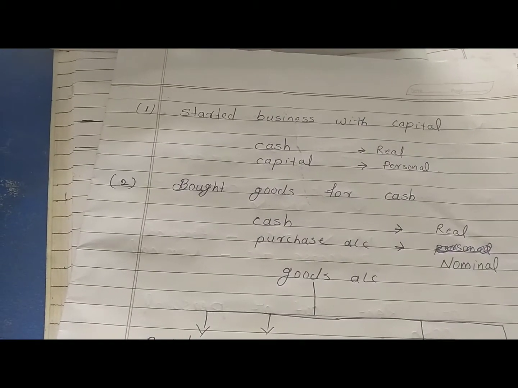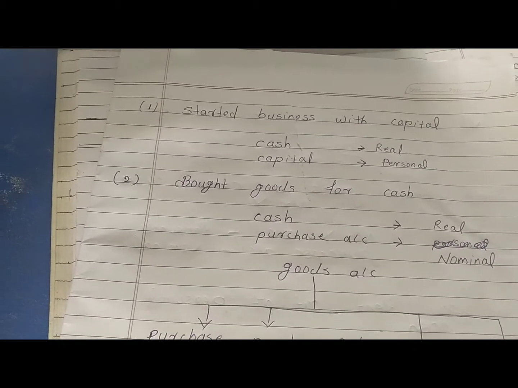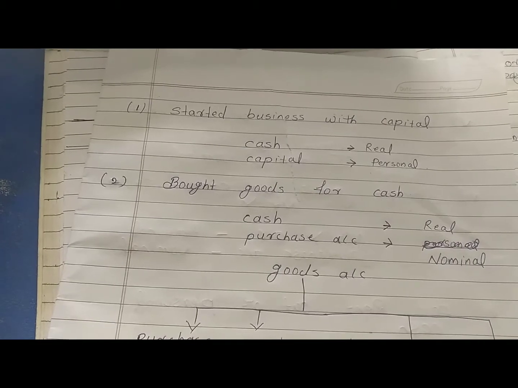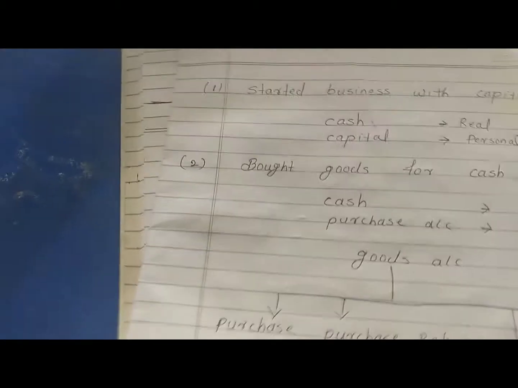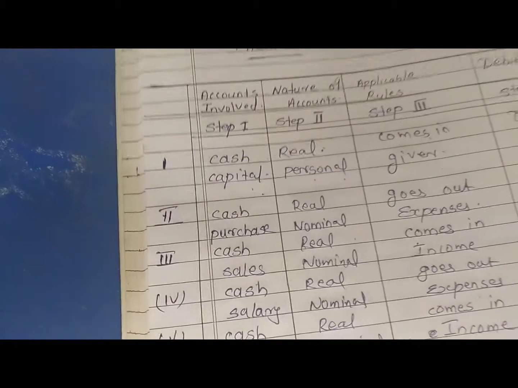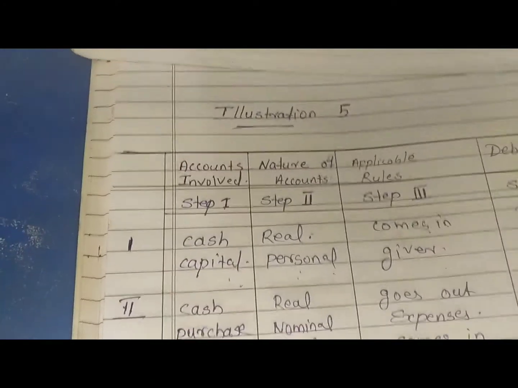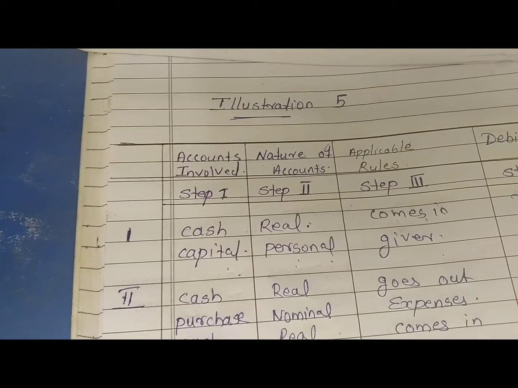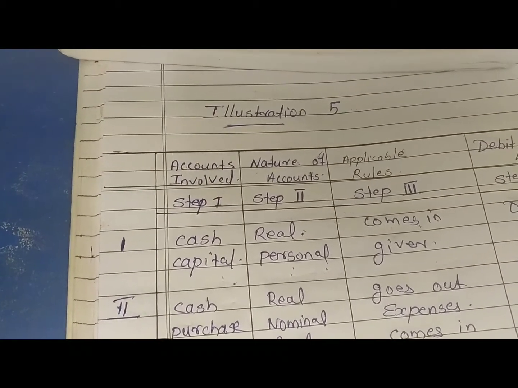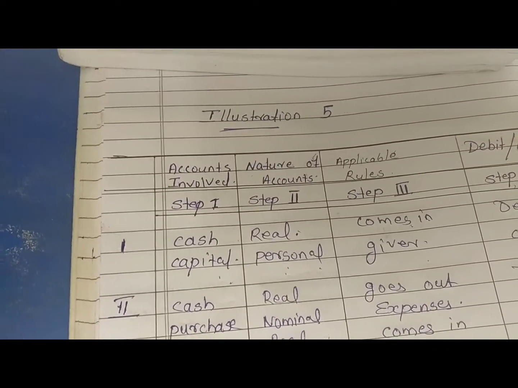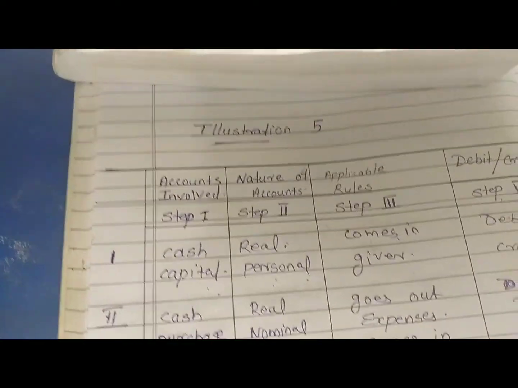So transactions related to expenses and incomes come under nominal account, right? So how can we generalize? Here accounts involved: cash and purchase. Nature of accounts: real and nominal.